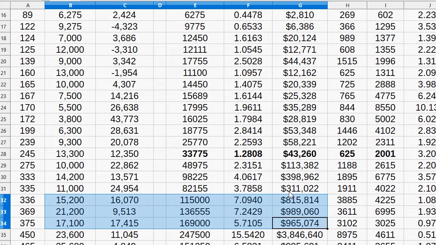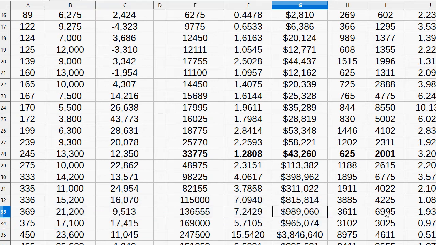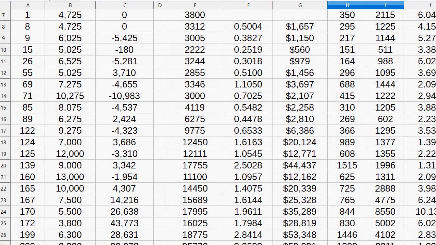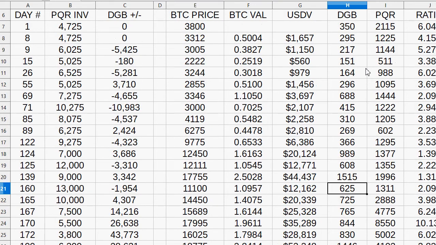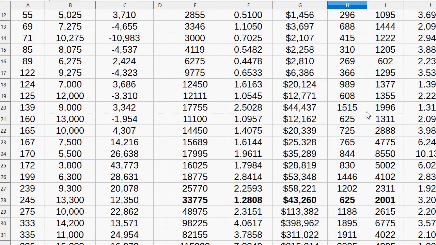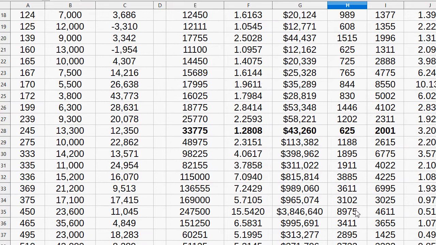But where's the profit taking measures? You got a coin at 7,000 Satoshi that was at 500. You have a coin at 3,600 Satoshi that was at 625 back here, and was 625 here as well, and was down to 150 and 8,900.